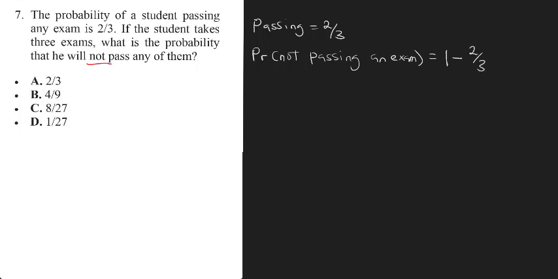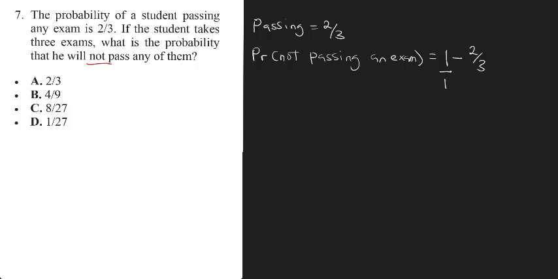So one thing you should note here is that the probability of something not happening is 1 minus the probability of that thing happening. So if the probability of getting A in an exam is 5, the probability of not getting A is 1 minus 5. So always use 1 minus the probability of that thing happening in order to get the probability of that thing not happening.